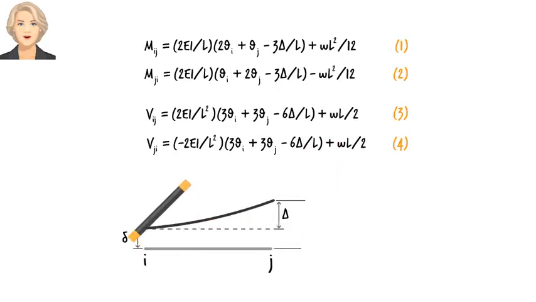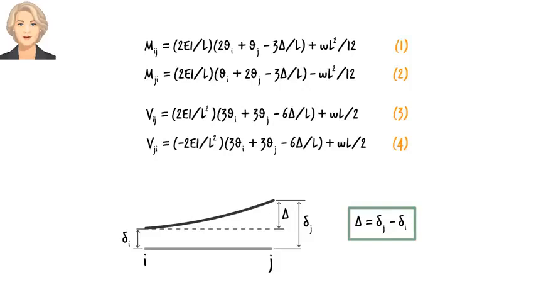If we denote vertical displacement at end I as delta I, and refer to the displacement at end j as delta j, then we can write delta equals delta j minus delta I. Substituting delta j minus delta I for delta in equations 1 through 4, we get.